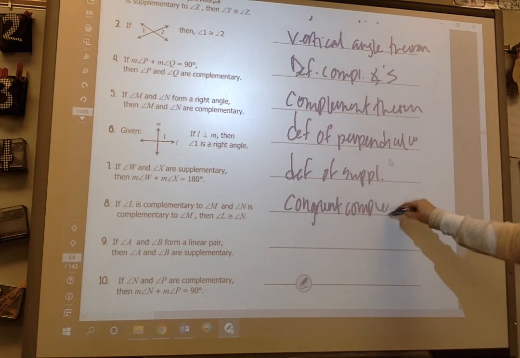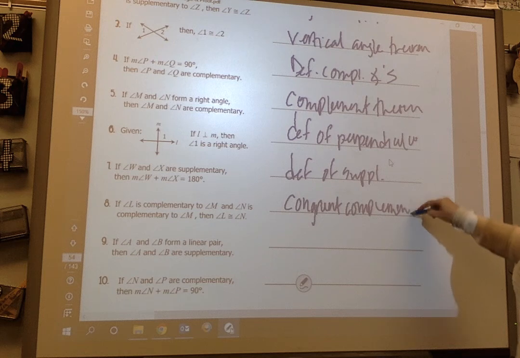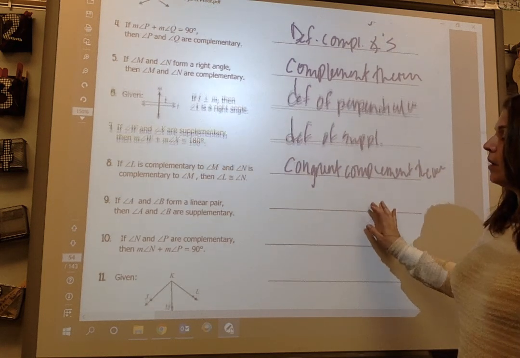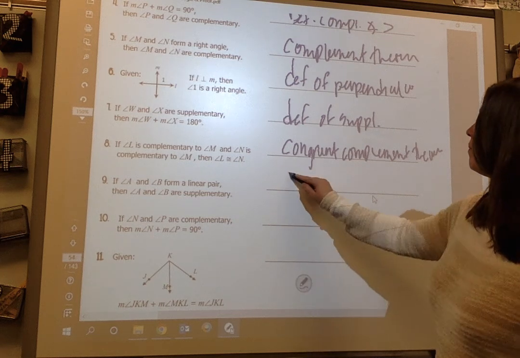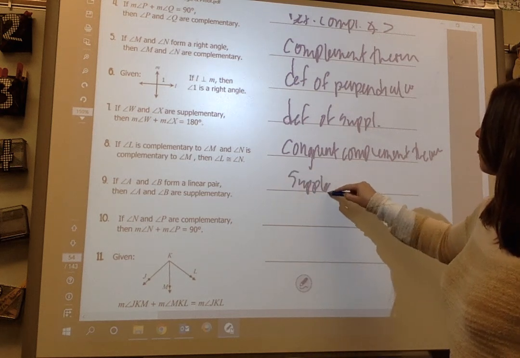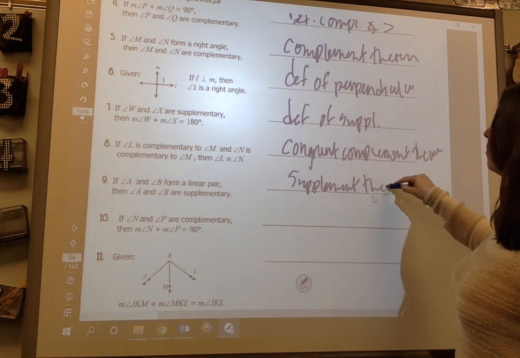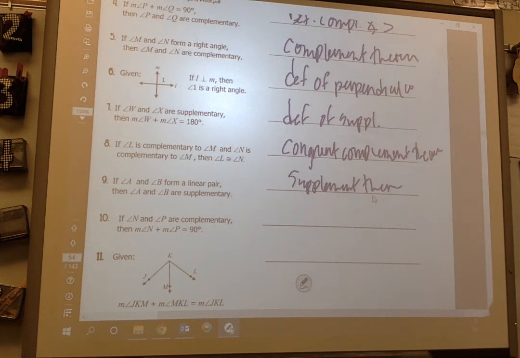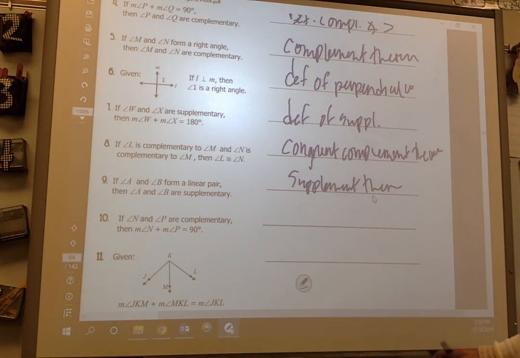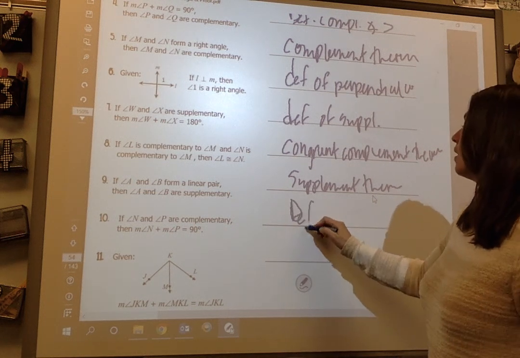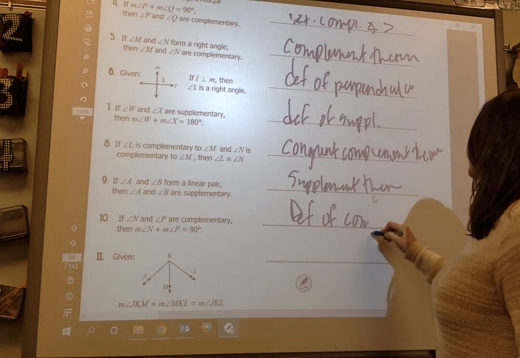They're complementary angles. Number 9: if A and B form a linear pair, then A and B are supplementary. That is going to be a supplement theorem. Number 10: if angle N and angle P are complementary, then the measures add up to 90 degrees. That is definition of complementary angles.